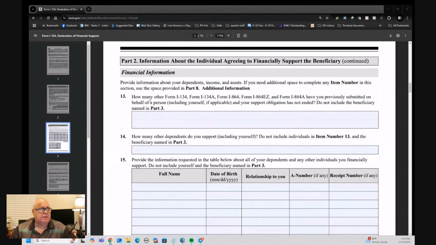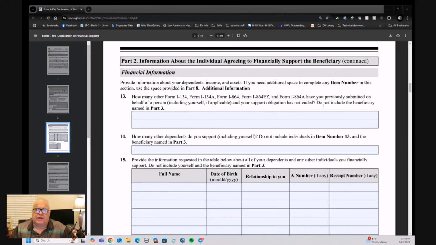Okay. In part 2, in the financial information, it asks firstly, have you ever filled out another I-134 or I-864 and the various variations of those forms? How many other forms have you filled out, right? And your support obligation is not ended.